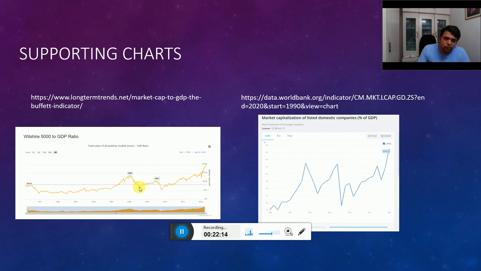Then in 2007-8, the global financial crisis, it hardly went above 100%, but when it crashed, it took everything down to 50%. The stock markets were valued at 50% of the GDP. So this was the perfect time to enter.